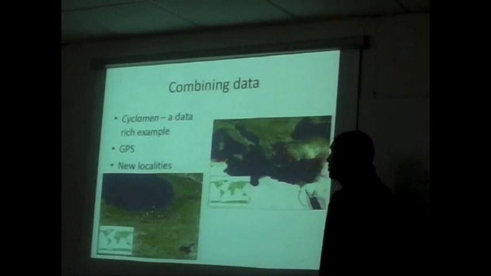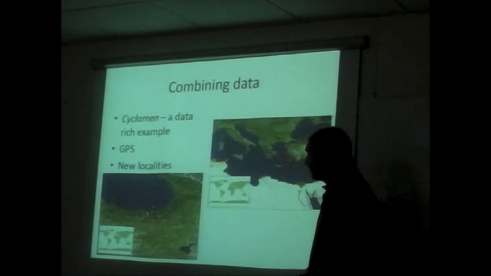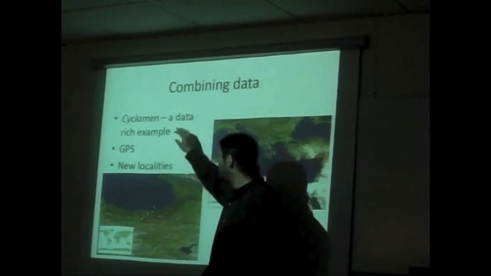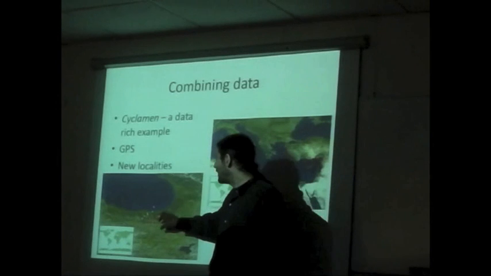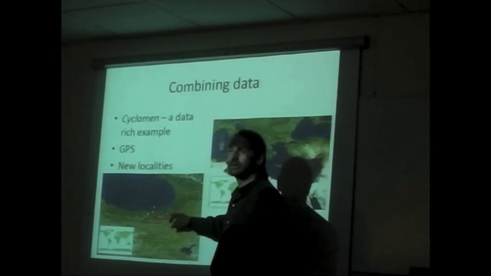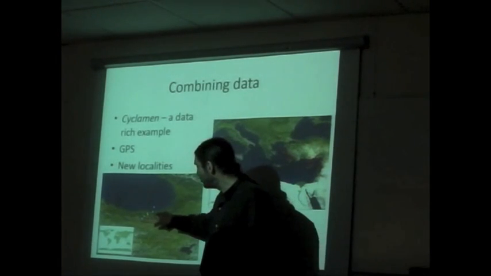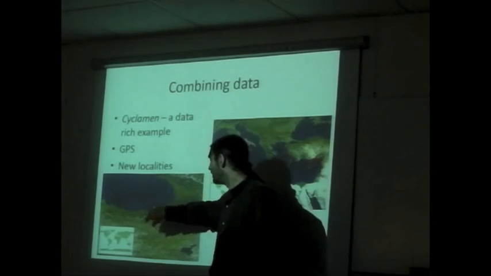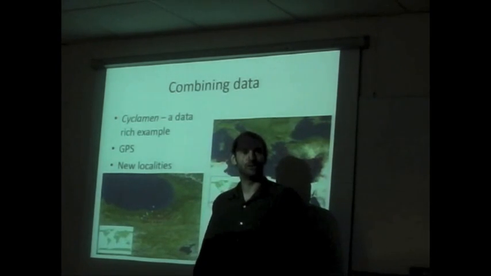Okay, here's an example where we had different data sources that we tried to combine. For cyclamen, we had some expert opinion, which was essentially somebody drawing a line around an area saying this species is found in this location.